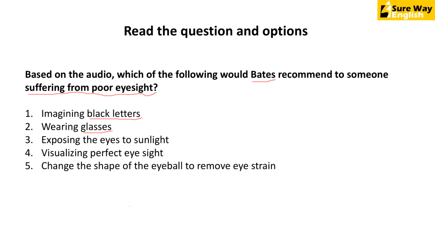So if you are okay, you can quickly judge whether that option is correct or not, or you can take a note. And then later on, once the audio ends, you can come back and based upon your notes, you can answer the question. That's why it's very important that you use these 7 seconds wisely. Look at the options, look at the question, identify what are some of the key things that you need to listen for.